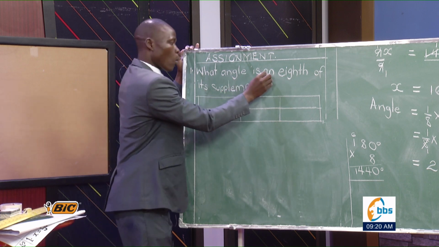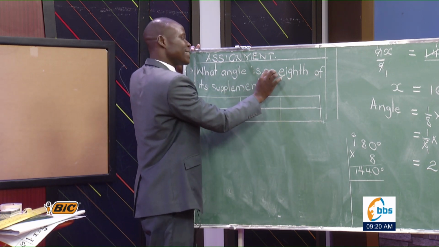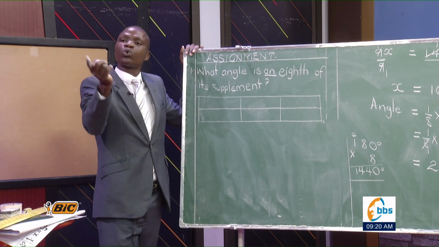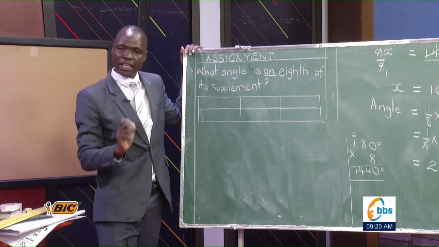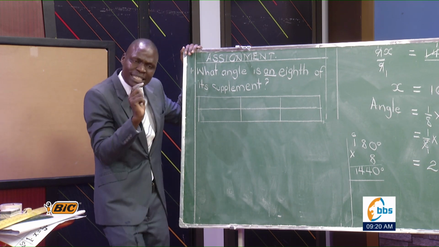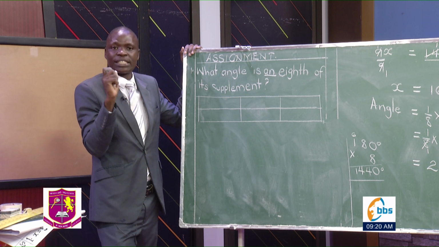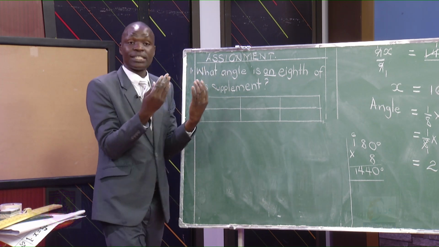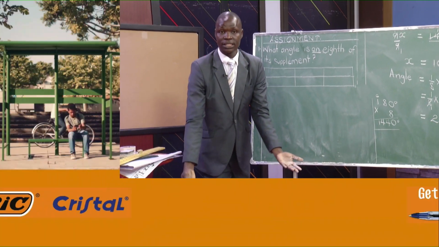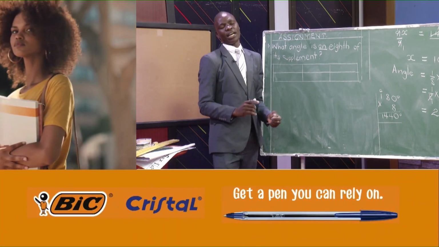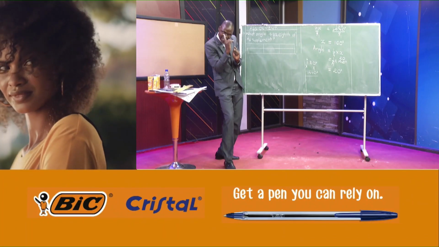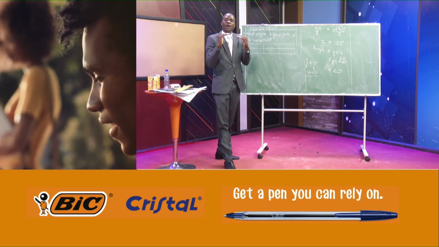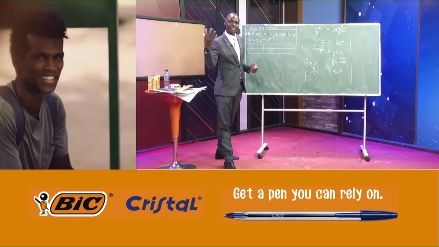That angle is just 1 out of 8 of its supplement. It simply means the angle is smaller than its supplement. It's just 1 part out of 8 parts of its supplement.